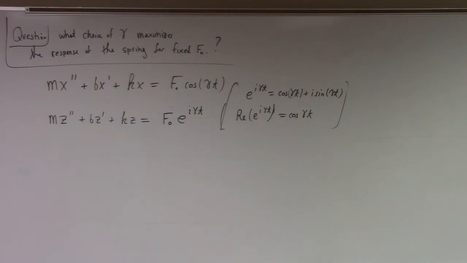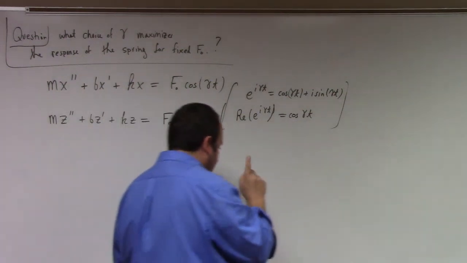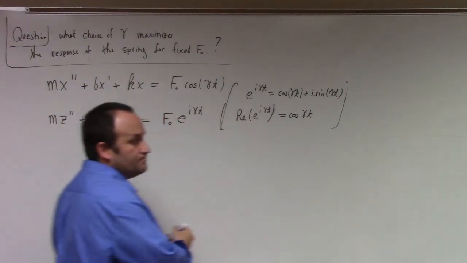If we can do it, then the real part of the complex solution should be a solution to my original problem in x, because it's a linear differential equation, right? If I find a complex solution, then the real and imaginary parts are separately solutions. And there's kind of a play on superposition that's also involved here. But okay, let's solve this problem.